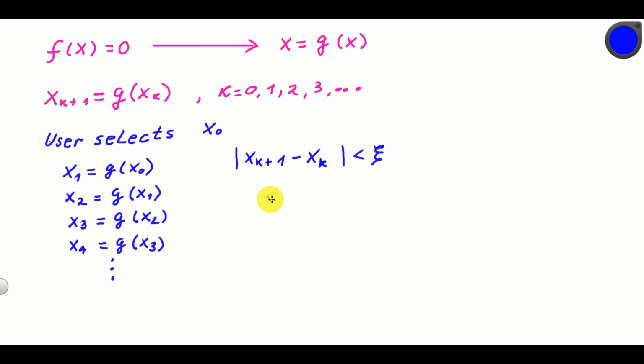For example, epsilon can be 10 to the minus 4 or 10 to the minus 6, depending on how accurately you want to approximate the solution.